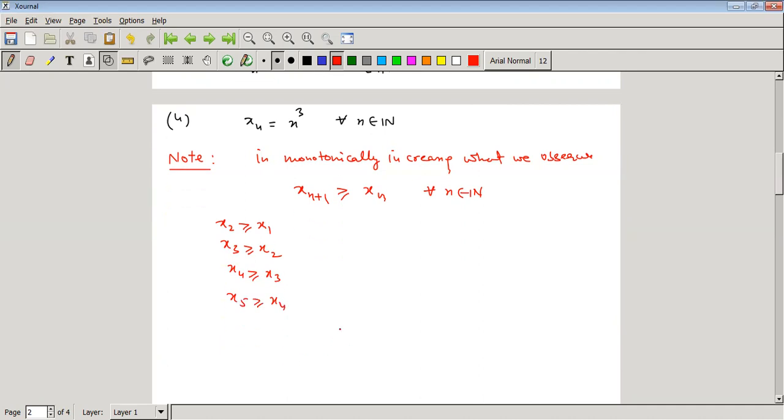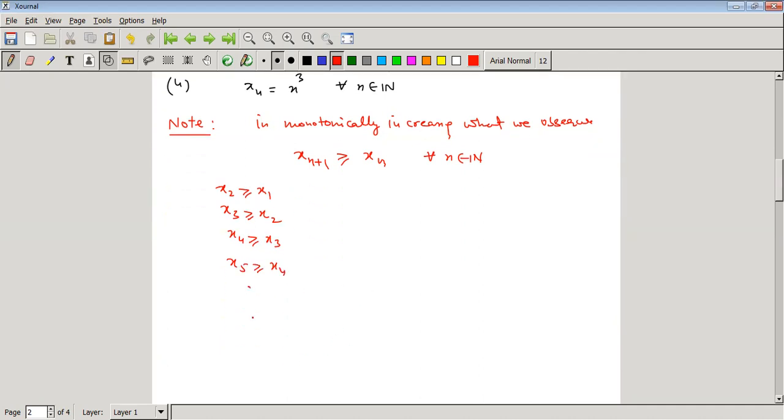We put n equal to 1, 2, 3. So in general, we can say x(n+1) is greater than or equal to x(n).